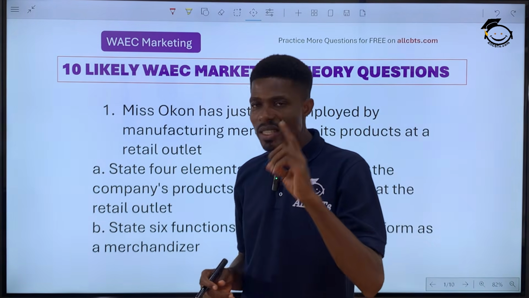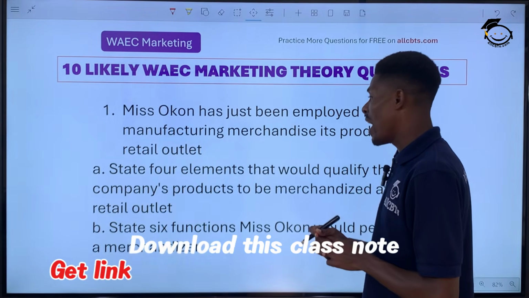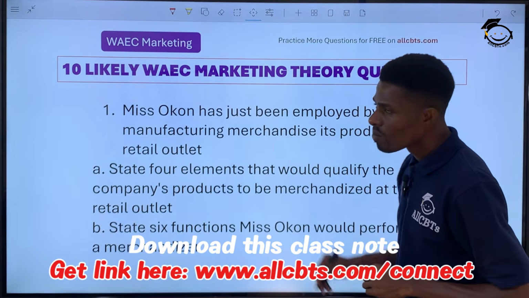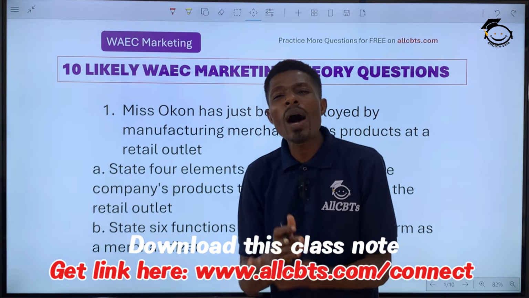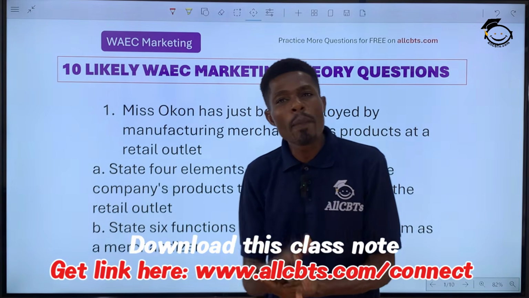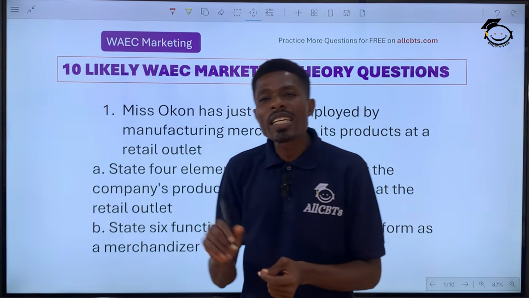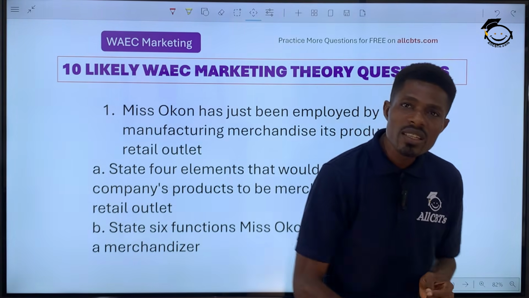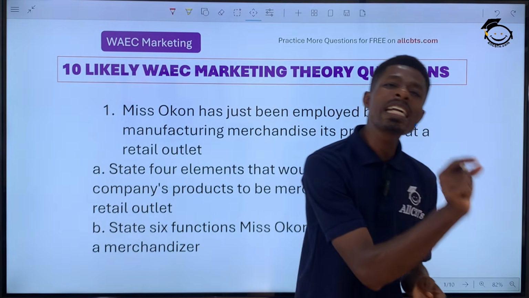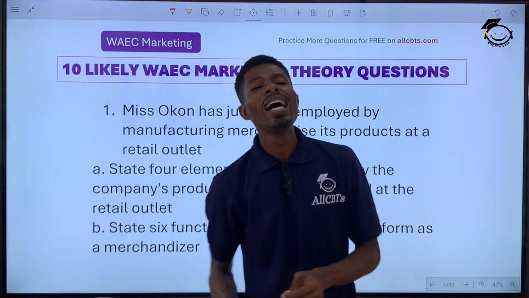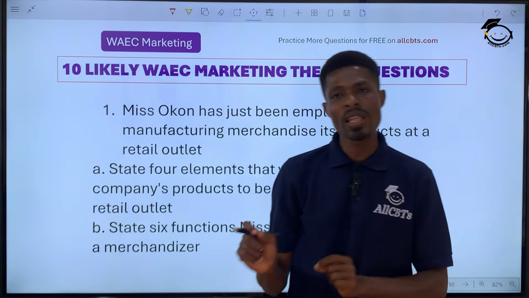The second element is proper labeling. Why? So that the customer can see the real weight of that product, the ingredients, and the expiry date.